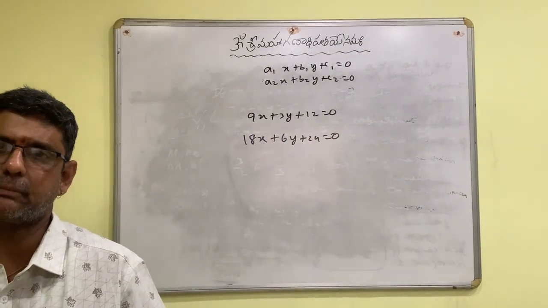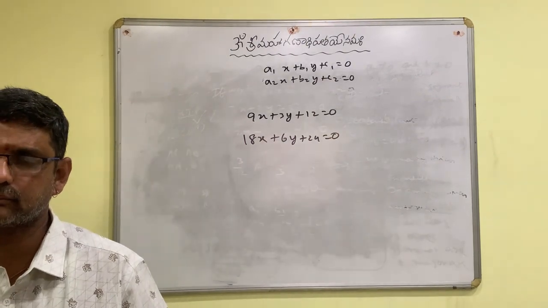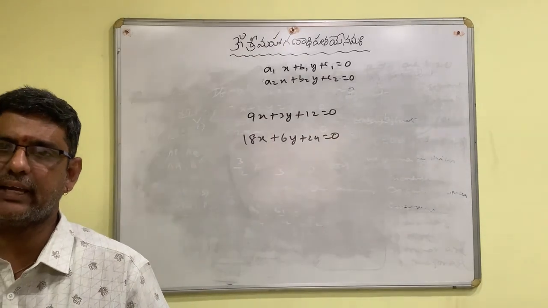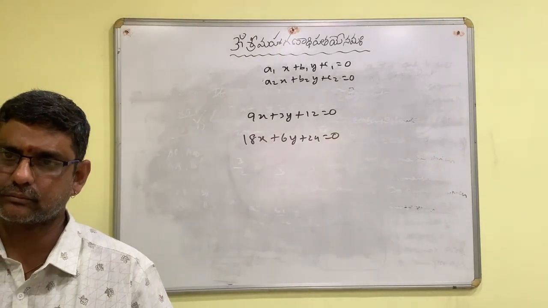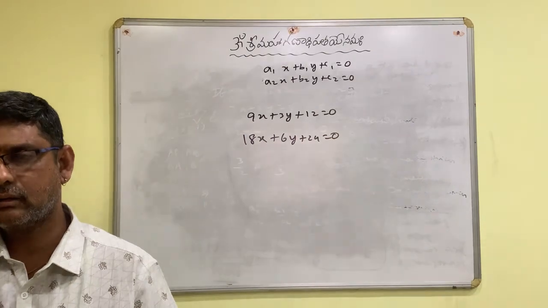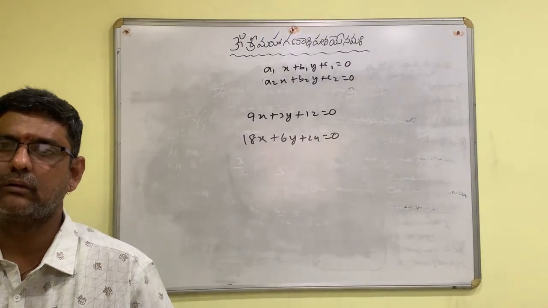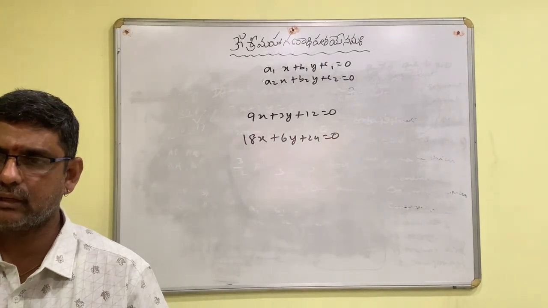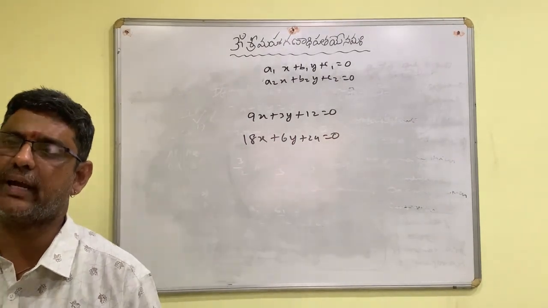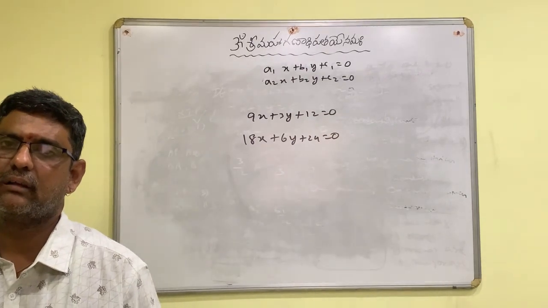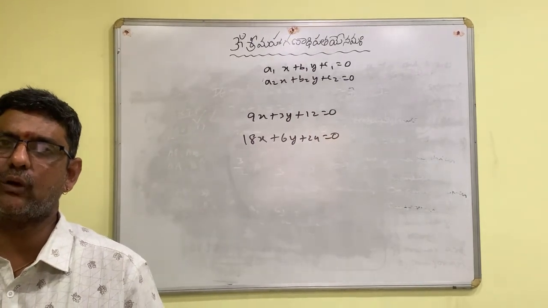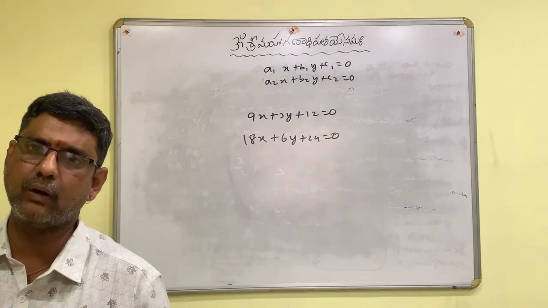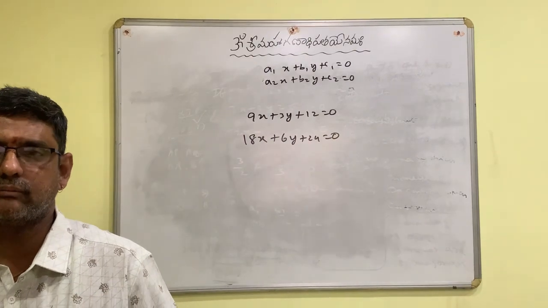How can you say that this pair is coincident lines? Why are they coincident lines? They are satisfying the condition. What ratios are equal? All the ratios are equal. a1 by a2 is 1 by 2, b1 by b2 is 1 by 2, c1 by c2 is 1 by 2.